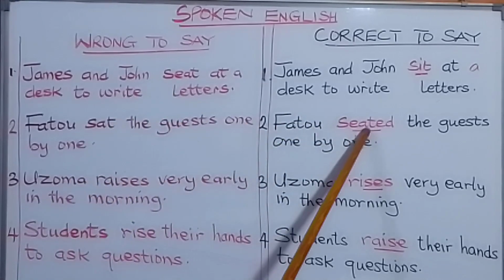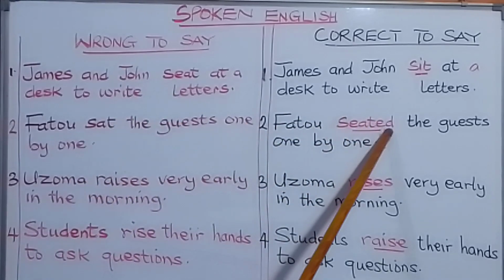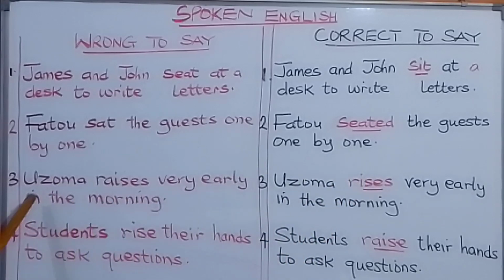Say Fatu seated, S-E-A-T-E-D, the guests one by one. Wrong to say Uzoma raises very early in the morning. No, say Uzoma rises very early in the morning. Wrong to say students rise their hands to ask questions. No, say students raise their hands to ask questions.